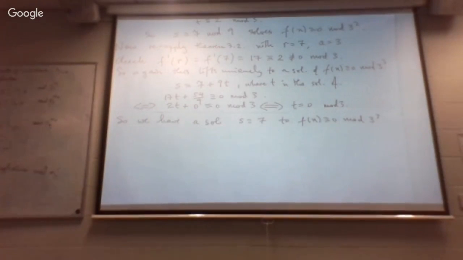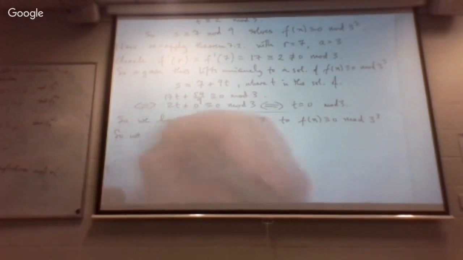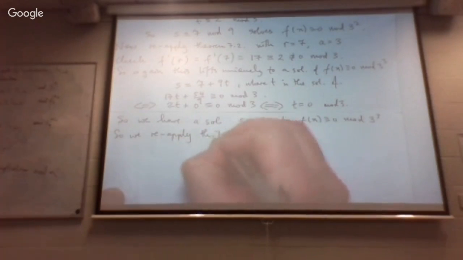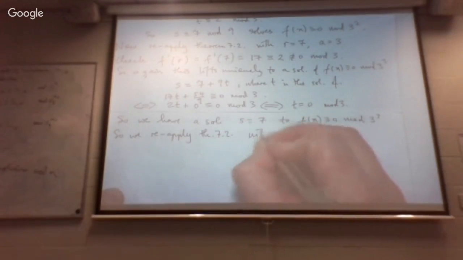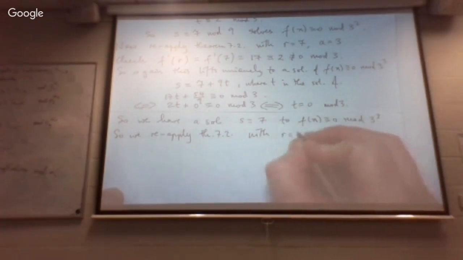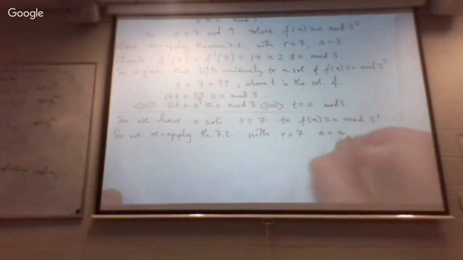We're nearly there, just one more step to go to get to modulo 81. So you just feed it in again. Just reapply theorem 7.2. Now our beginning solution is again 7, and a is now 4.